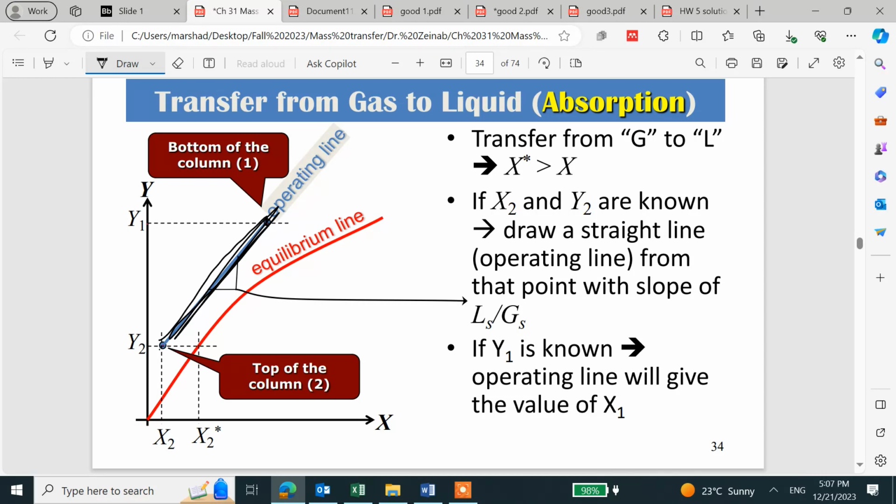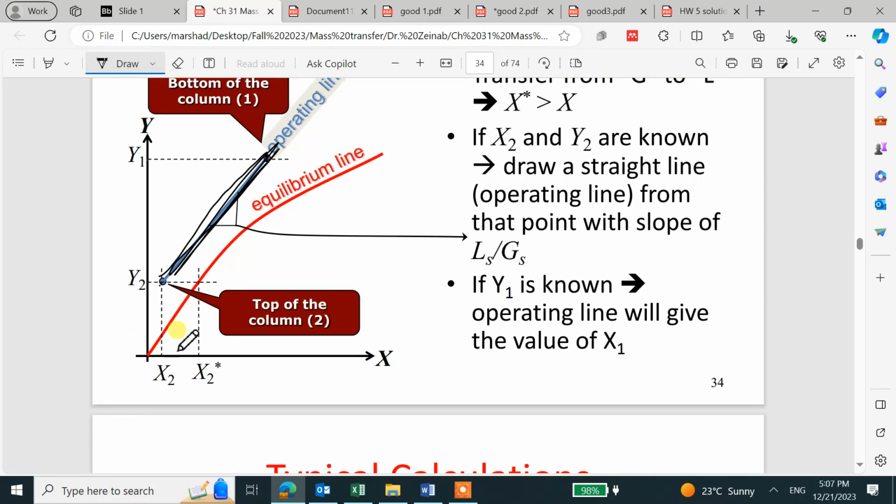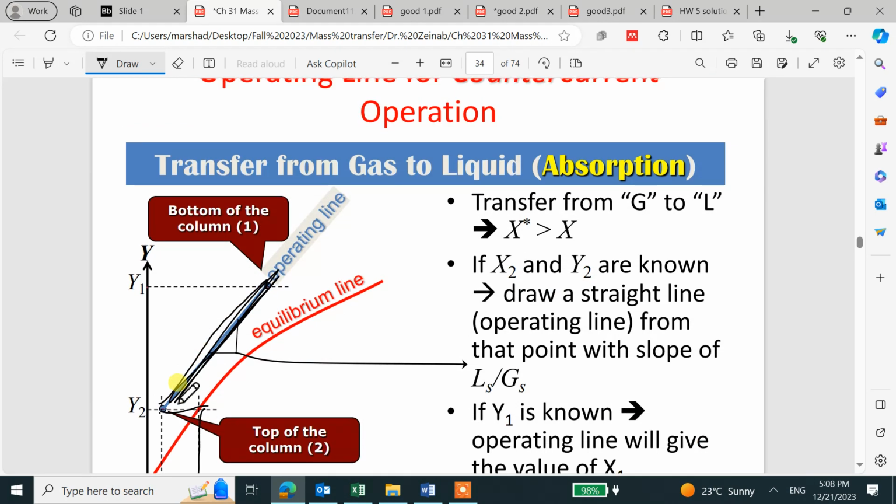So now we can see, at Y2 this is X2 and then this is the equilibrium line, right? From here that's X2 star and X2 is this. So X2 star is more than X2. So X star is more than X. So what do we have?